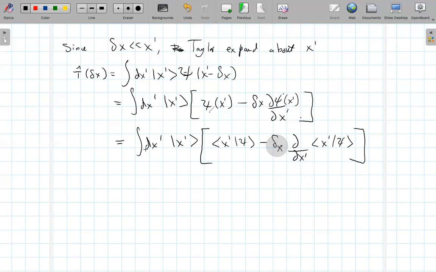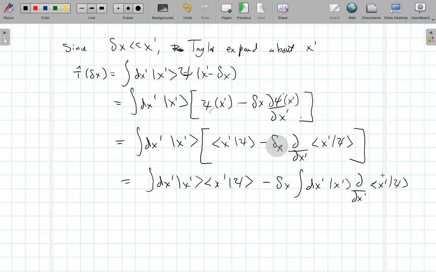So let's rewrite this as the integral dx prime of |x prime><x prime|psi> minus delta x times the integral dx prime of |x prime>, with the partial derivative with respect to x prime, <x prime|psi>. Now, this thing here is simply the identity, so I'm going to factor that out and pull this to the right.